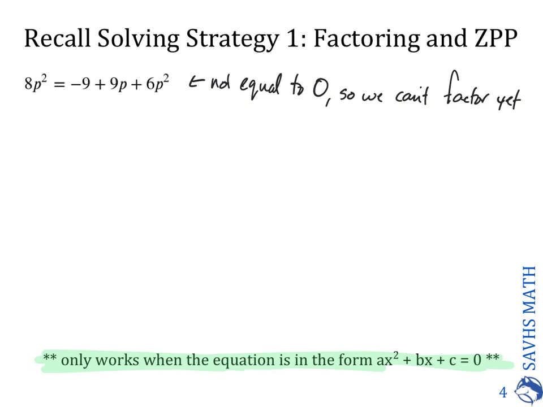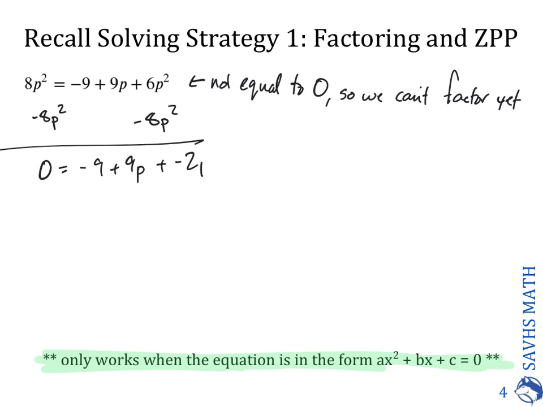So I'm going to do that in a little bit of a funky way. I'm going to subtract 8p from both sides, and I'm going to get 0 equals -9 plus 9p plus negative 2p squared.